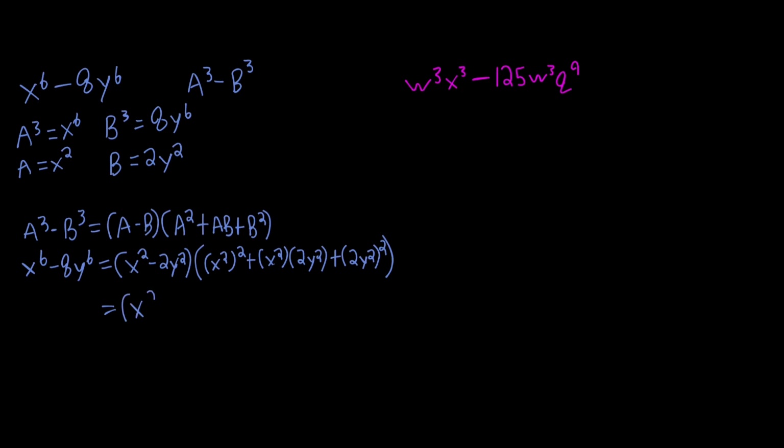So I'm going to simplify everything in there. That gives me x squared minus 2y squared. X squared, we're going to square that, which is going to be x to the power of 4, plus x squared times 2y squared, which is 2x squared y squared, plus (2y squared) squared, which gives me 4y to the power of 4.